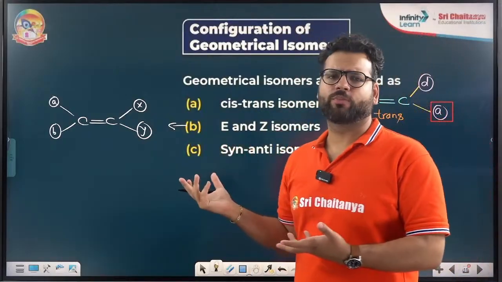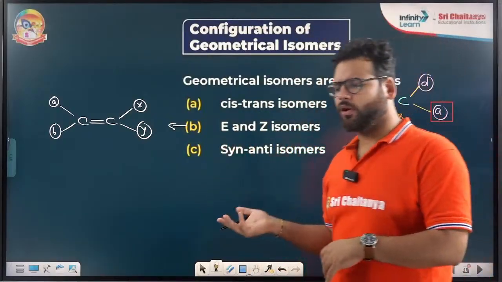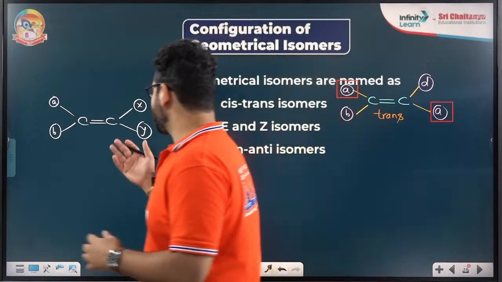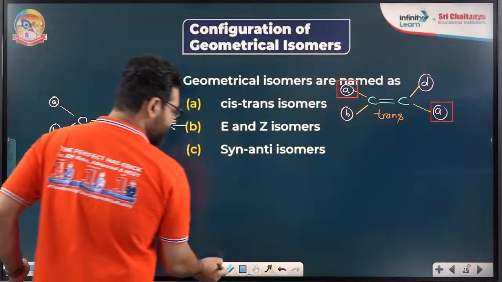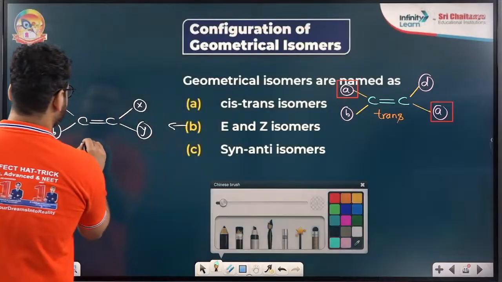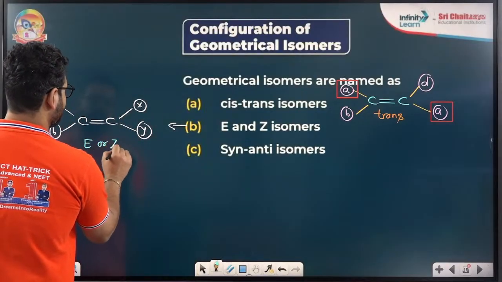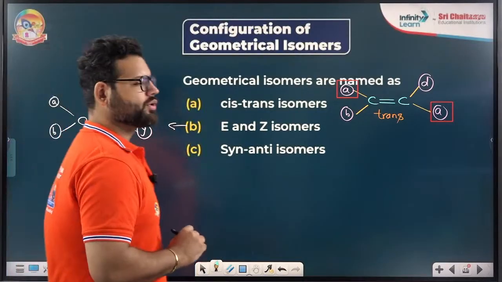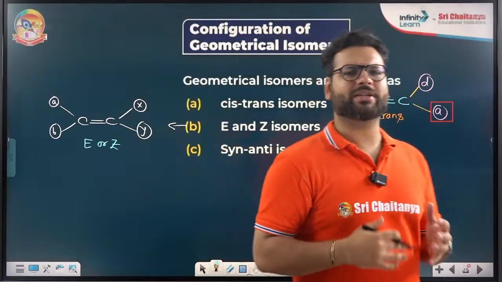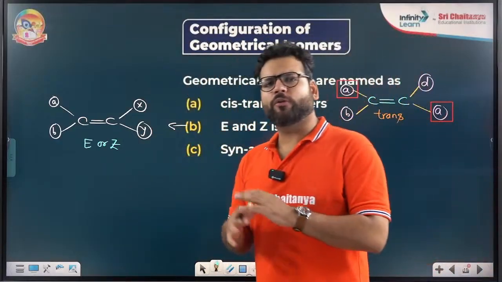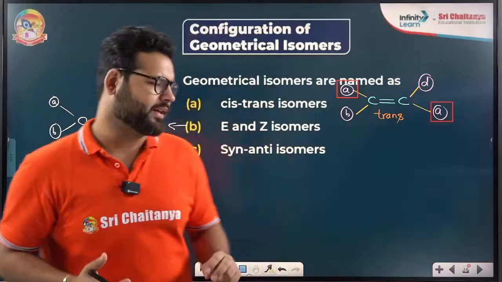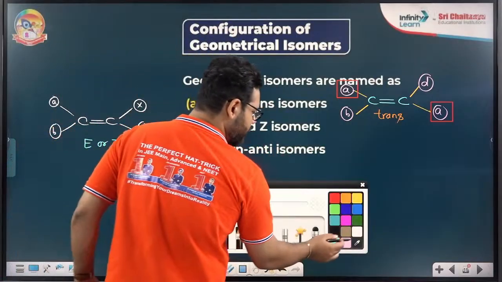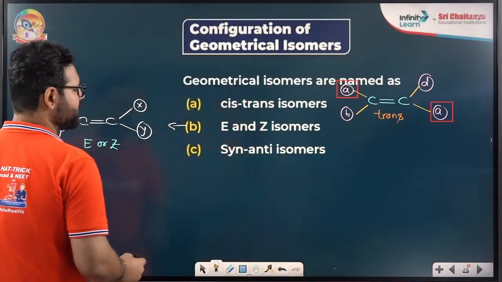There is no same group, so I can't say A is opposite to A. So in this case, cis-trans is not applicable. We'll use EZ. It will be E or Z. So cis-trans will be used when one group is the same. If all four groups are different, we'll use EZ.